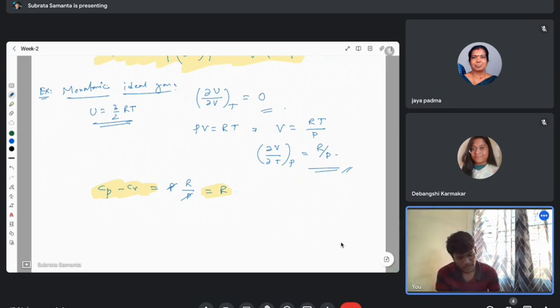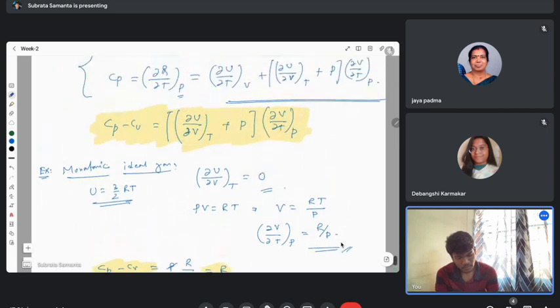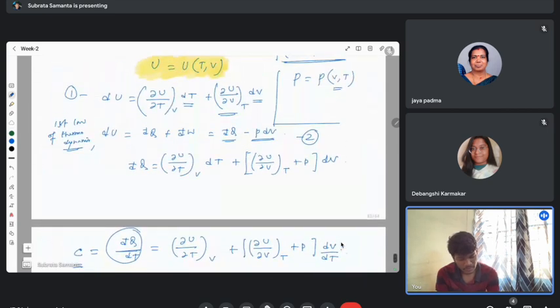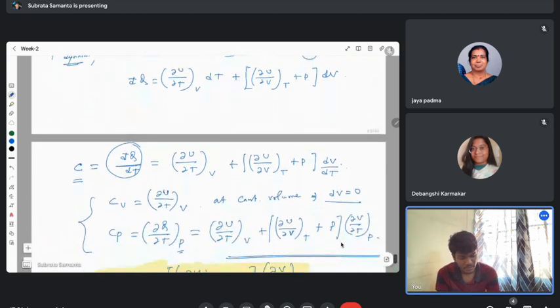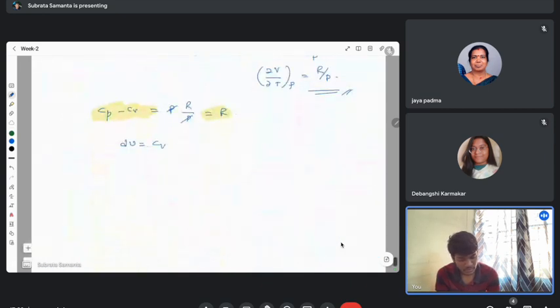Then we can write the more complex expression of dU. So dU is del U del T at constant V dT plus del U del V at constant T dV, but del U del T at constant V is always Cv, right? So that means dU is Cv dT plus del U del V dV.